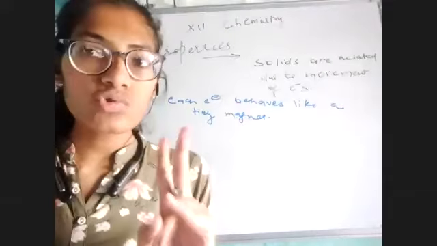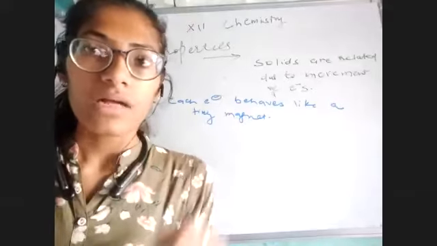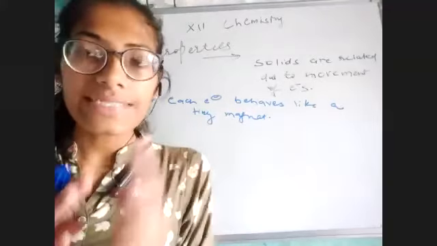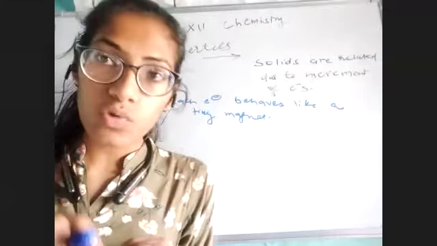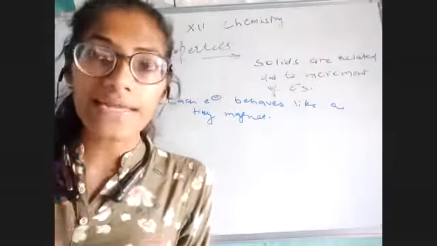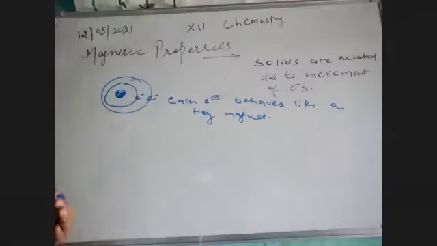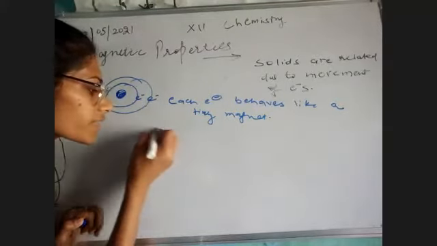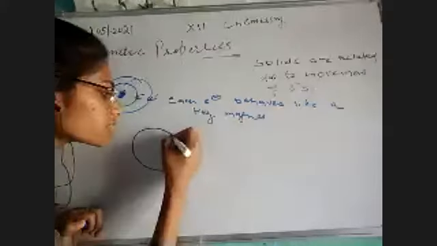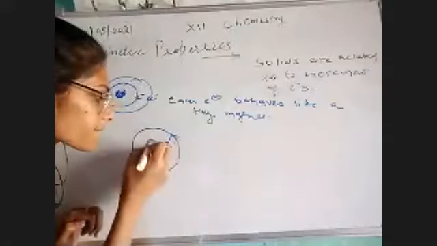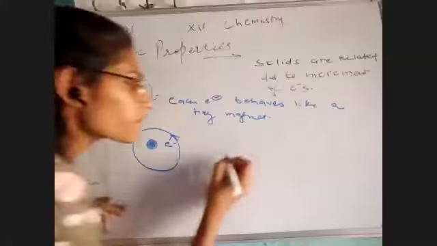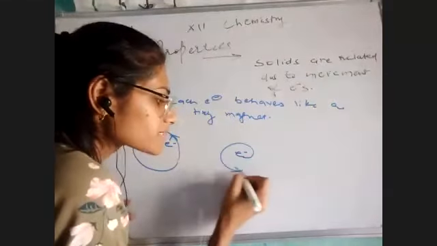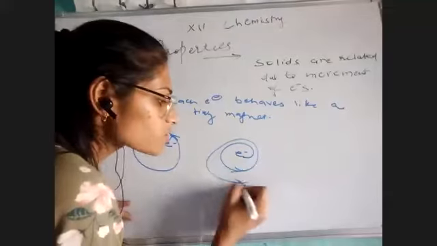The earth moves in two ways: it revolves around the sun, and it also rotates on its own axis. In the same way, the electron revolves around the nucleus, and secondly, it also rotates on its own axis.